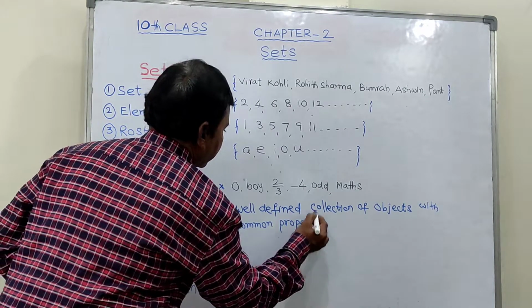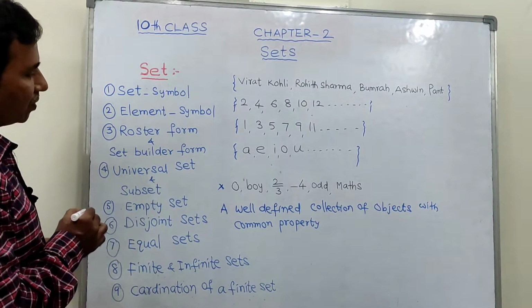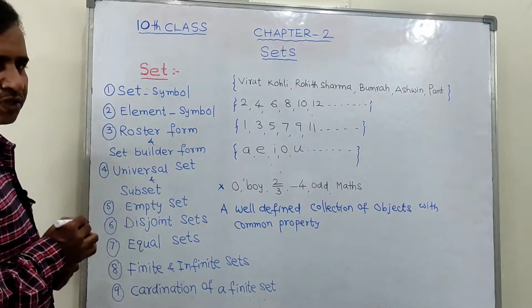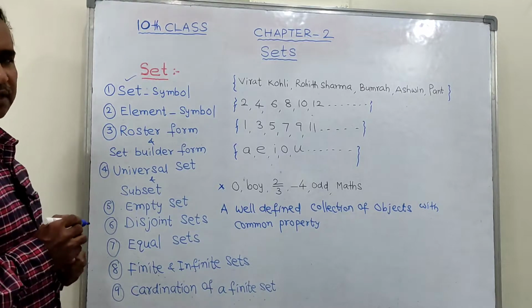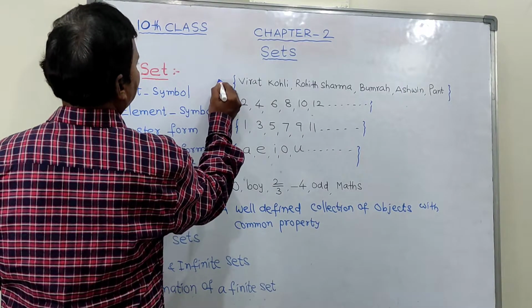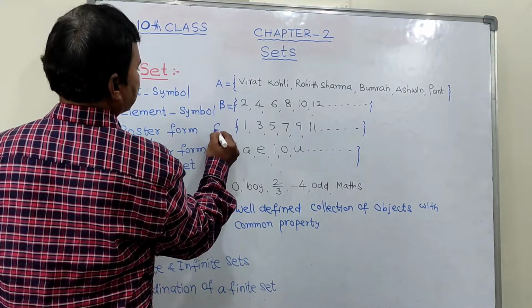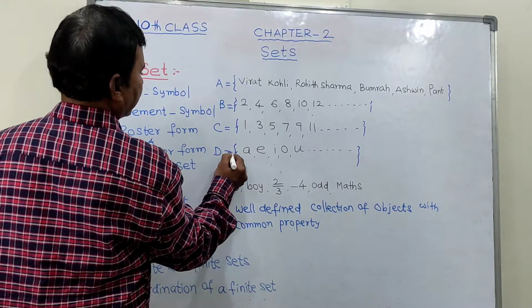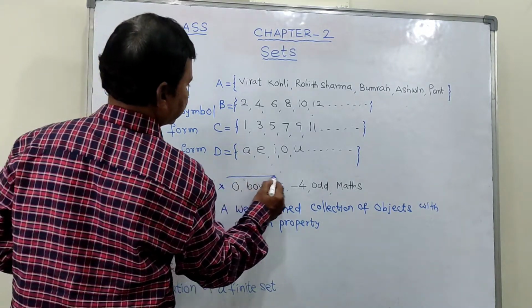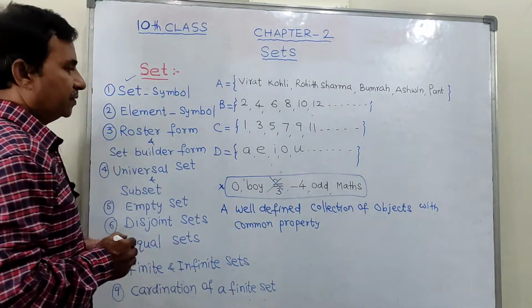Common property means it must follow the same relation throughout each number. We denote sets with English alphabet capital letters like A, B, C, D, like that.